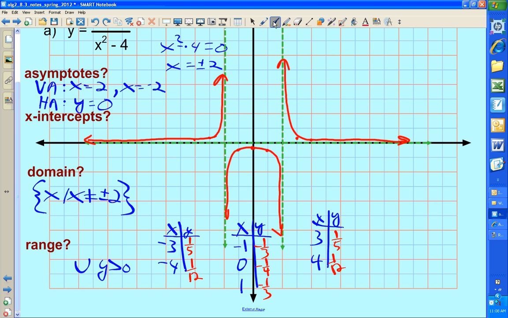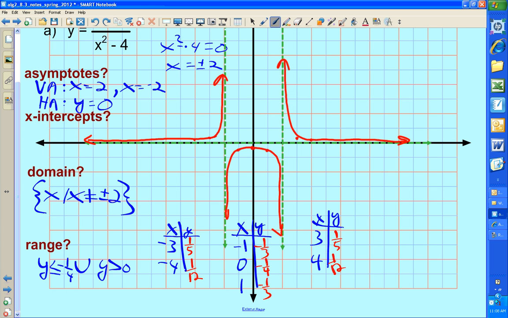Come on. Pay attention now. Y is less than 1/4. We're close, but not right. No. Y is less than or equal to -1/4.